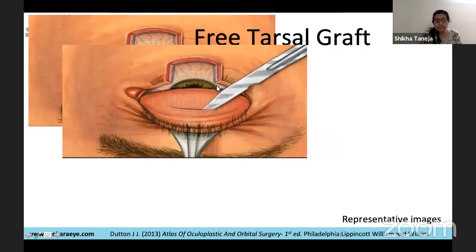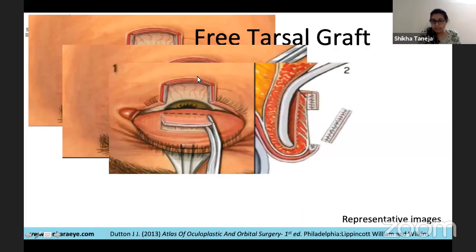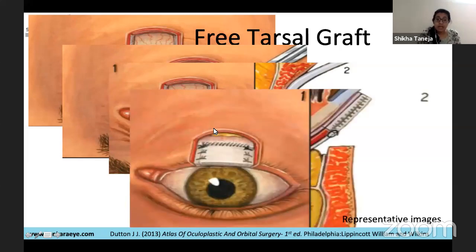We try to take some 1 to 2 mm of conjunctiva superiorly because it helps us in forming the lid margin eventually. This is how we excise the entire tarsal plate en bloc and then suture it with Vicryl sutures, and the conjunctiva is wrapped around the lid margin, so it gives a smoother surface.